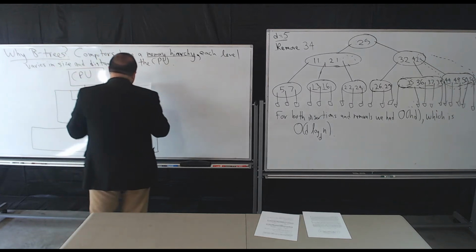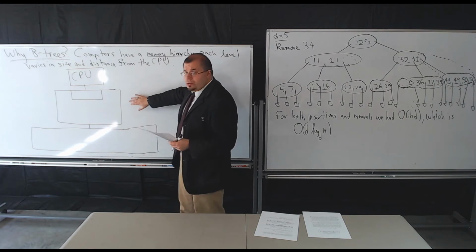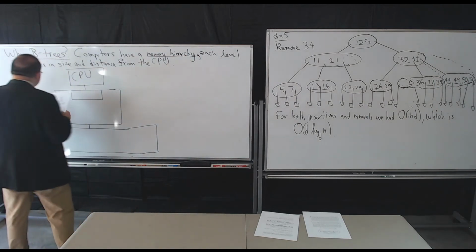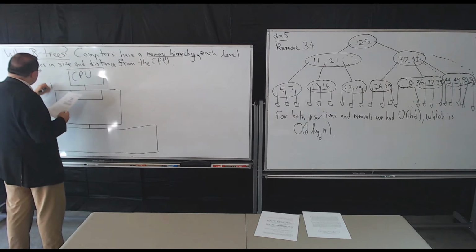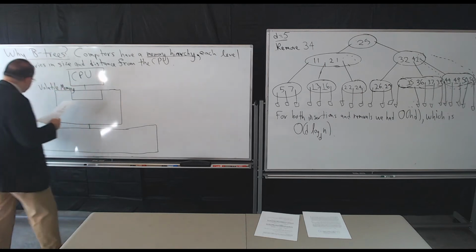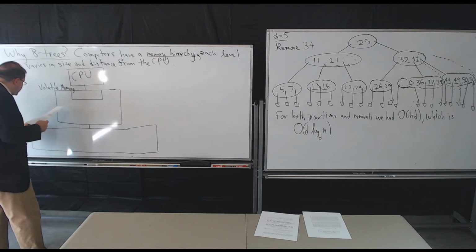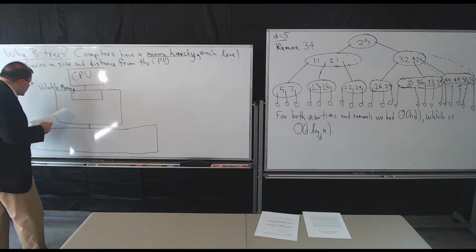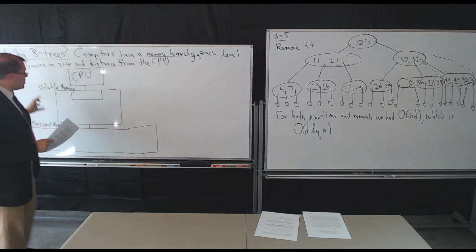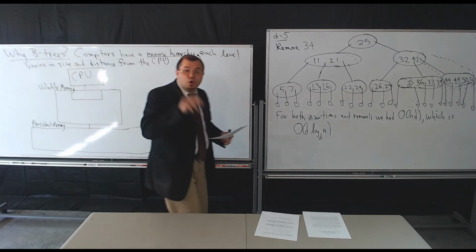So we have the CPU. Now there's two main kinds of memory in the memory hierarchy. There's volatile memory and there's persistent memory. These are your two main kinds. So the volatile memory, this is your working memory.